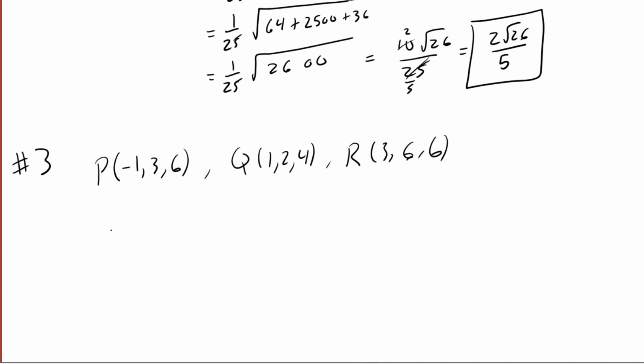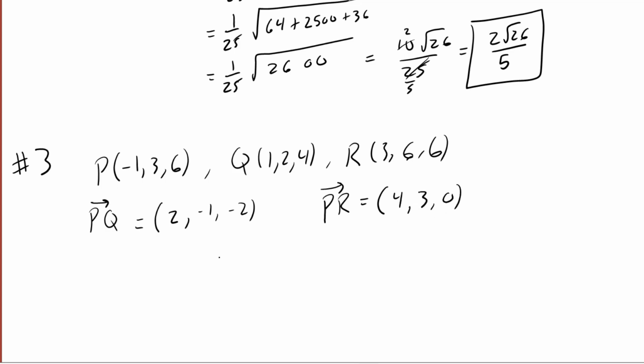Okay, so I'm going to make the vectors PQ, which is Q minus P, so that's 1 minus minus 1, that's 2, 2 minus 3, that's minus 1, 4 minus 6, that's minus 2, and then the vector PR. That's going to be 3 minus minus 1, that's 4, 6 minus 3 is 3, and 0.